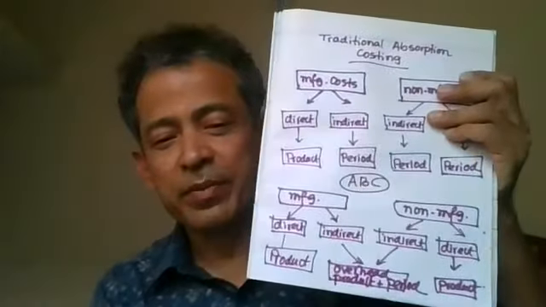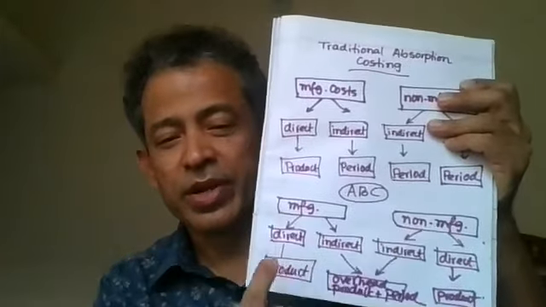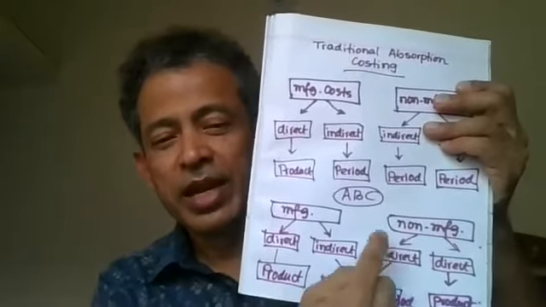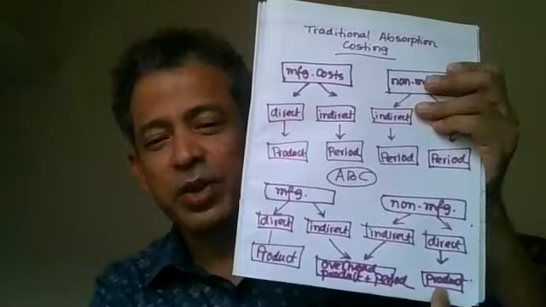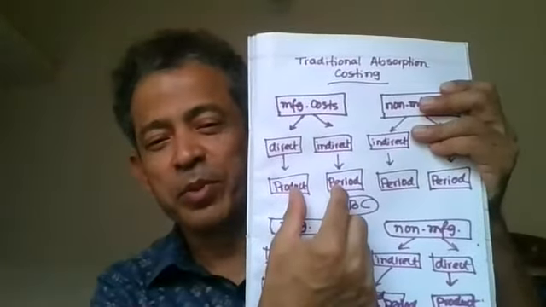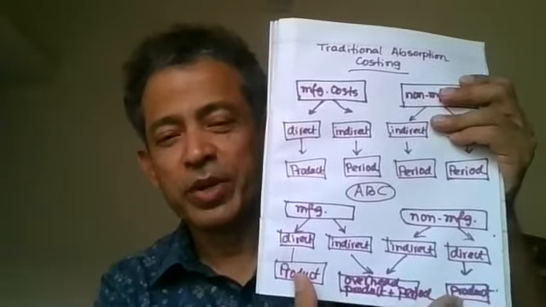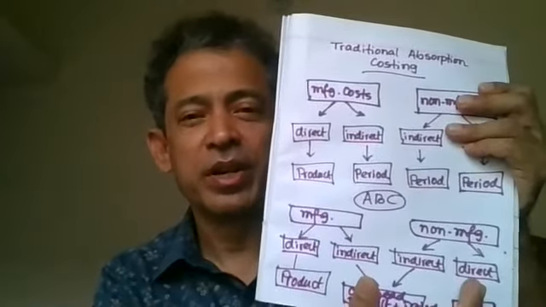ABC, on the other hand, says, look at the same manufacturing and non-manufacturing, direct and indirect. Let the direct ones go to the product, and from non-manufacturing, if there are some direct ones, let them go to products as well. So you have two product costs here, one originating from manufacturing overhead and the other originating from non-manufacturing overhead costs.